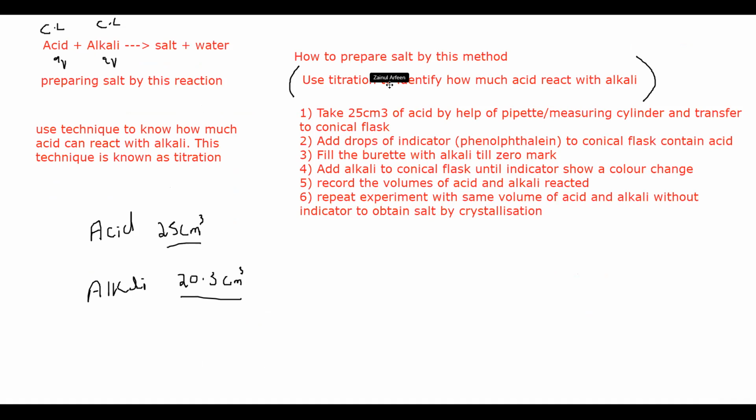But when acid reacts with an alkali, as both are solutions, we use the titration technique first to identify the volume of acid reacted with an alkali, and we repeat the experiment without indicator to obtain a salt from that solution.